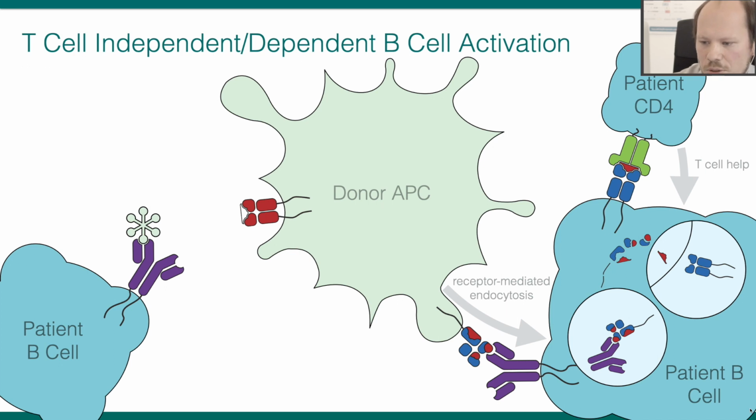where the B-cell receptor, so the purple guy here, is detecting basically the foreign HLA, so patches of the HLA actually, and via this activation of the B-cell receptor, an endocytosis process starts where the foreign HLA is internalized, and then it's being processed in the patient B-cell, and eventually these foreign peptides get loaded onto the patient's HLA, moved to the cell surface and presented to the patient immune system, where the patient CD4 T cell can then get activated and help the B cell, telling the B cell that this was actually an interesting antigen that the B cell should react against.